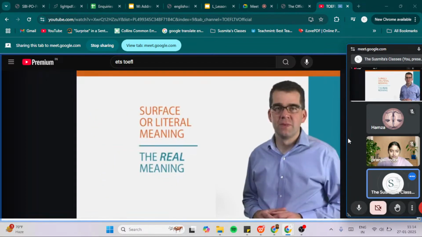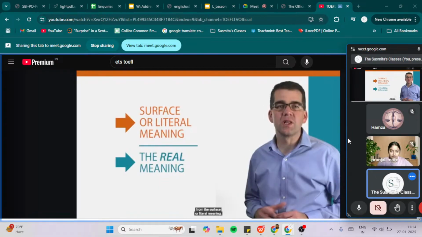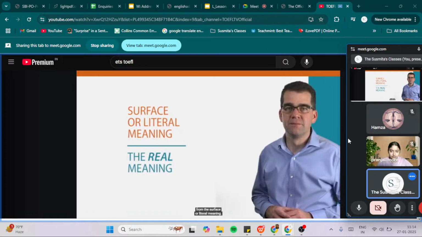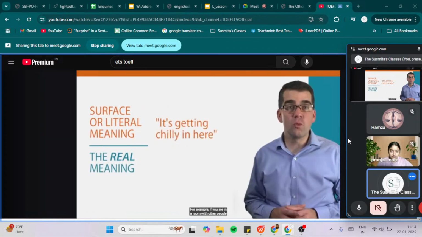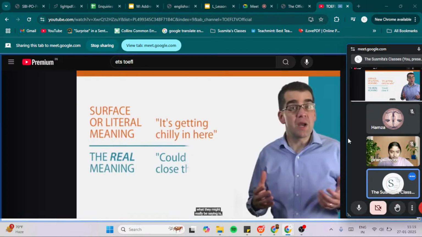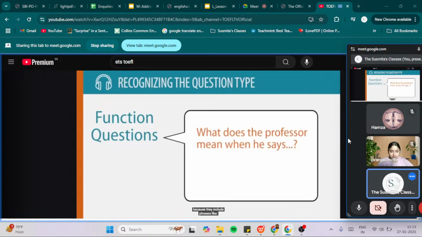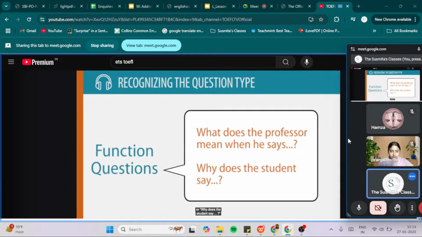In other words, the real meaning is different from the surface or literal meaning. For example, if you're in a room with other people and someone says, "It's getting chilly in here," what they might really be saying is, "Could someone close the window?" You can recognize function questions because they include phrases like, "What does the professor mean when he says?" or "Why does the student say?"